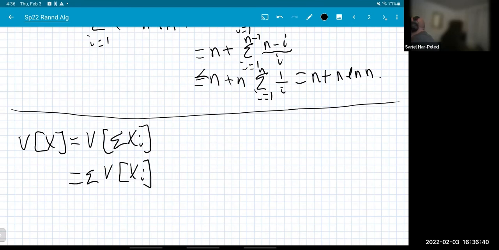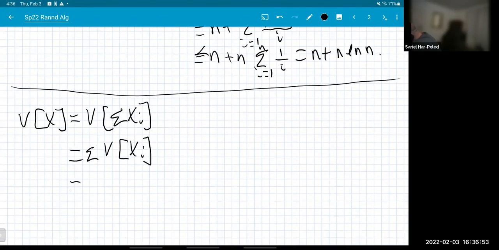Okay, and you repeat this, some kind of tedious calculation, which I don't want to do because I'm too lazy. I'm just going to copy the thing from the notes. Each one of the xi is a geometric variable, so we know exactly what its variance is.